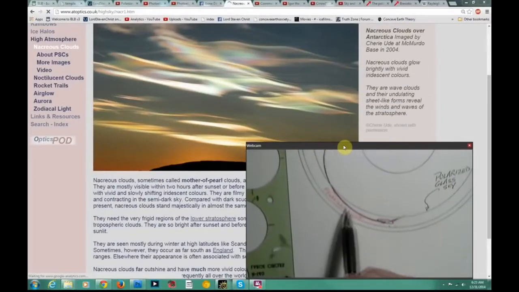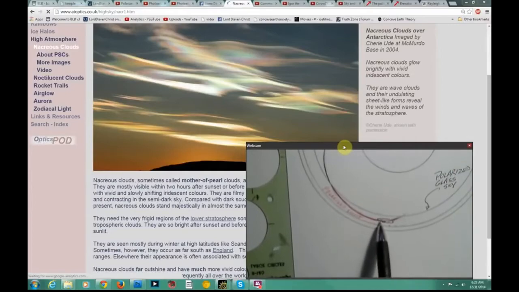And then it curves around back, and it hits through the bottom of the cloud and then rises back up again.